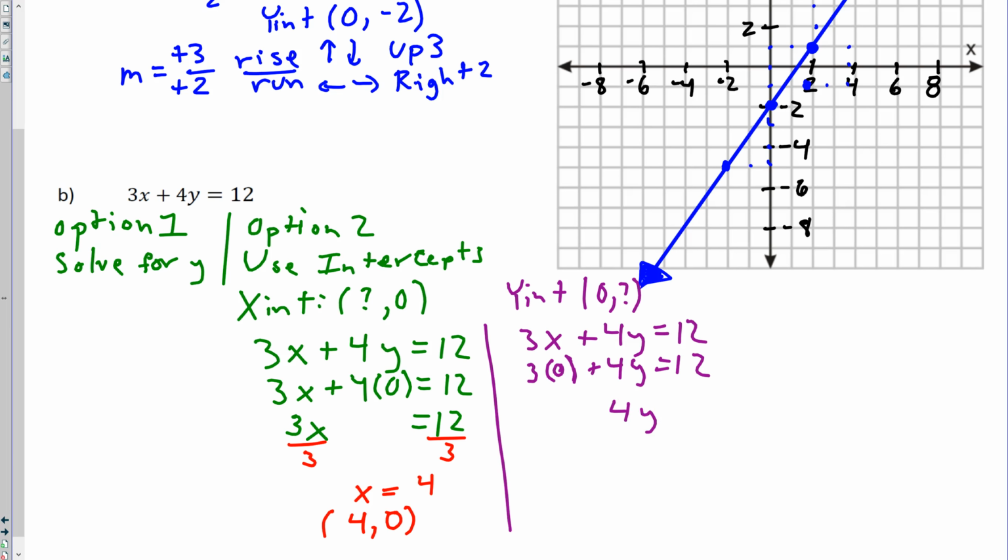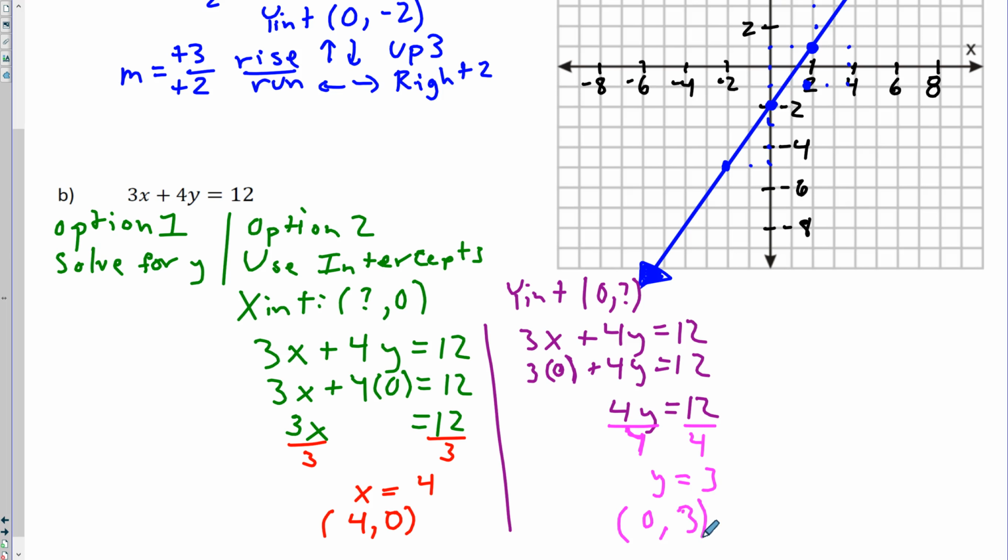Since we're adding it to 4y, I don't actually have to show the addition by 0. And then we just solve for our y variable. So I could divide both sides by 4, and y is 12 divided by 4, or 3. So that's the second point. Our y-intercept is 0, 3.